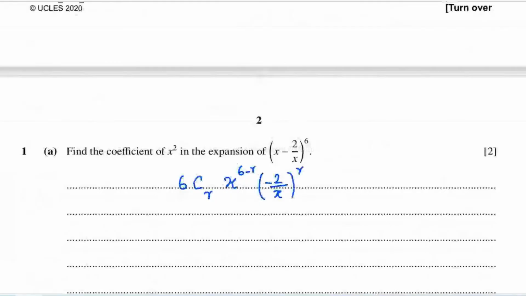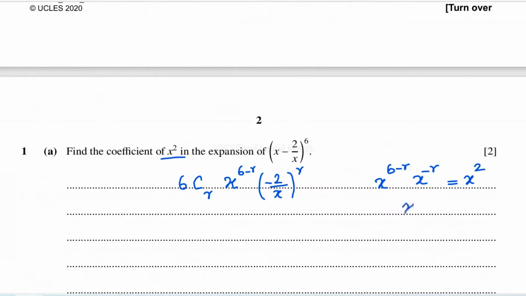Let's calculate the value of r. We'll write all the x terms. 6 minus r, and the next term is 1 over x the whole power r, that is x power minus r, and we need to find the coefficient of x square, so equate this equal to x square, and when the bases are same you can add the powers.